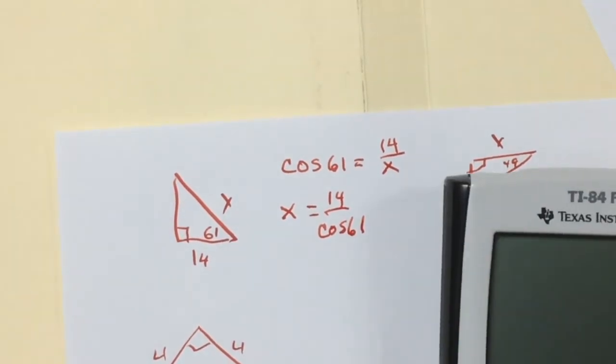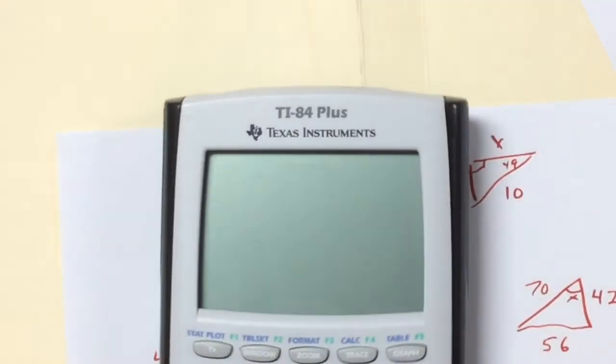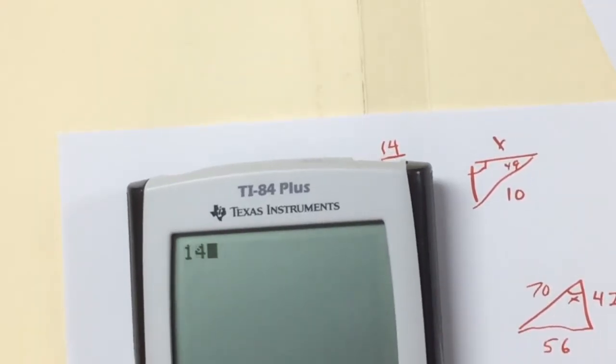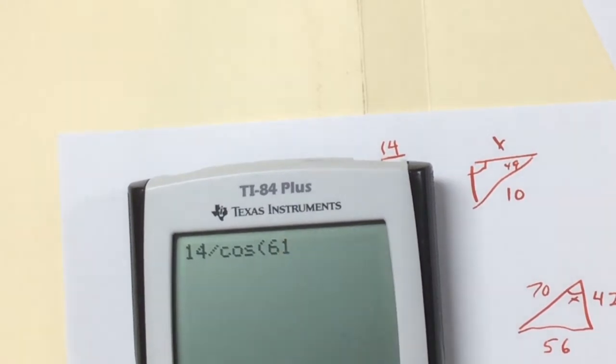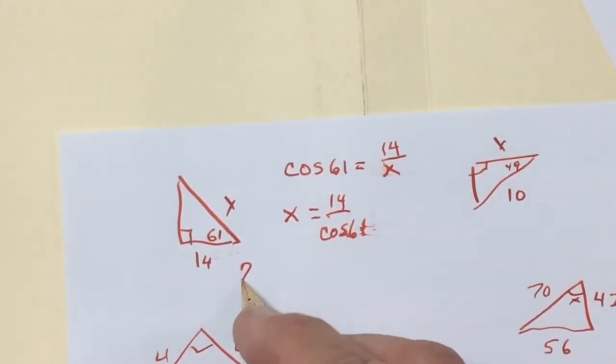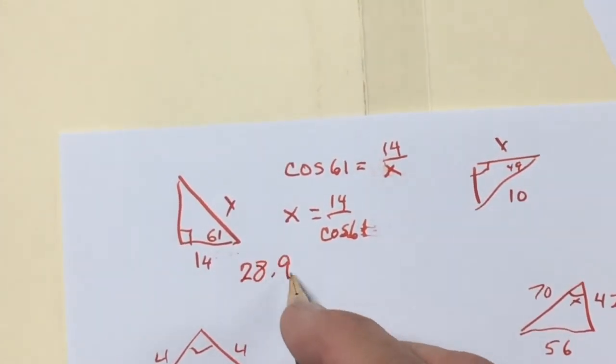And then it's a question of just putting it into the calculator and saying 14 divided by the cosine of 61 degrees. And it's 28.87 or 28.9 rounded to the nearest tenth. So that's the answer to that.